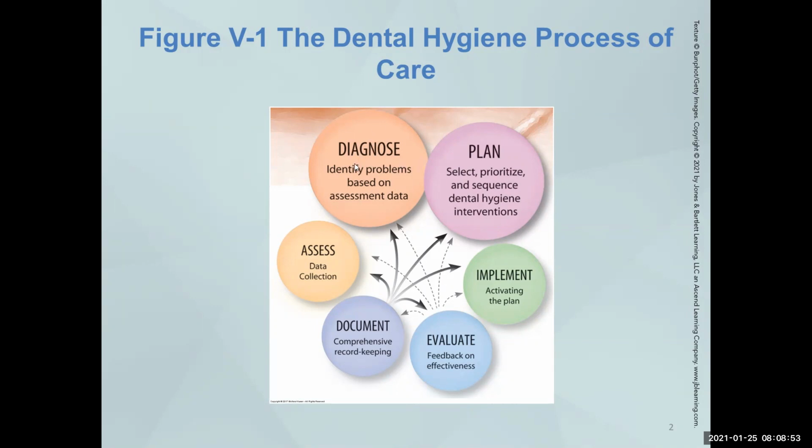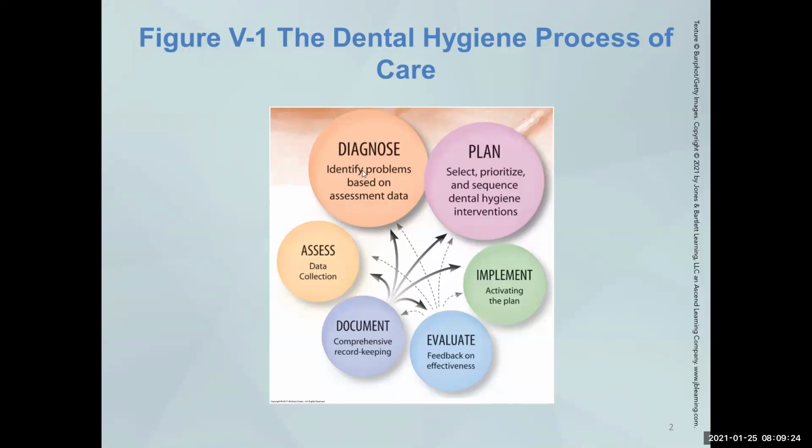So now we're into the diagnosis portion of the process of care, and that's to identify the problems based on the assessment data. We are creatures of habit. Our dental hygiene appointment has the same steps in it for everybody, but we individualize steps within everything that we have to do, depending on what our data collection shows.